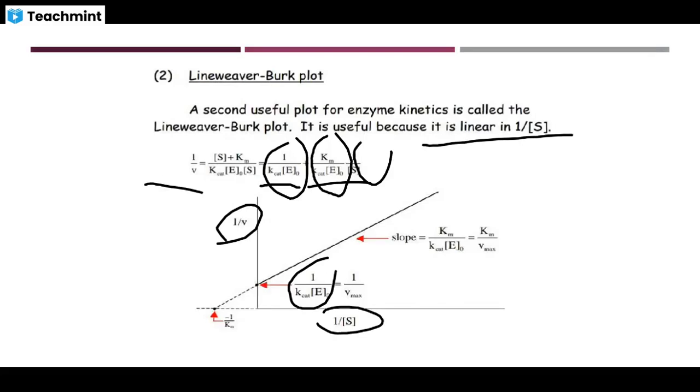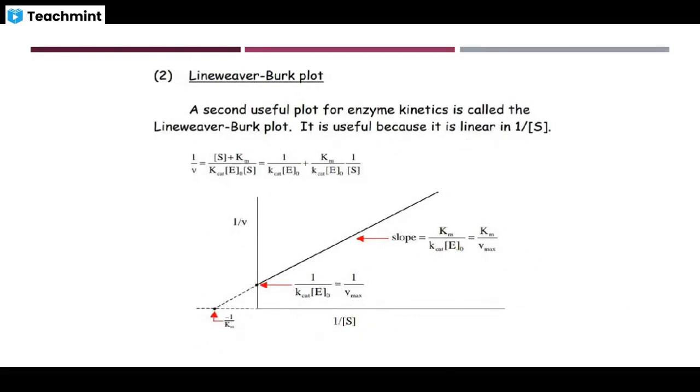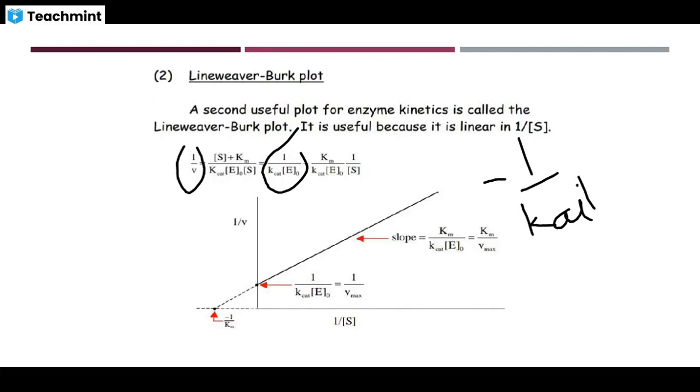So how does the x-intercept, minus 1 by Km, come about? At this point y is 0. So y, which is this 1 by v, is 0. Then take the k catalytic E naught term to the other side, minus 1 by k catalytic E naught. Then we want the 1 by substrate, so take k catalytic E naught divided by Km to this side.